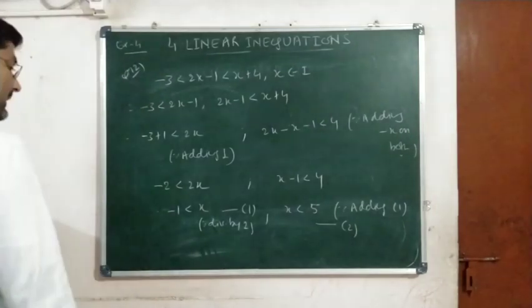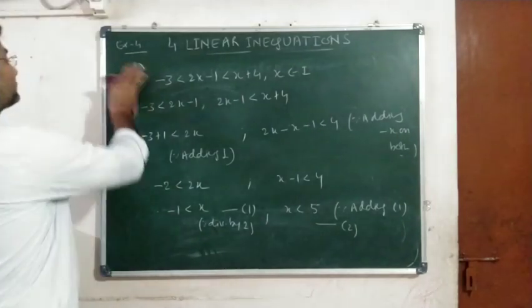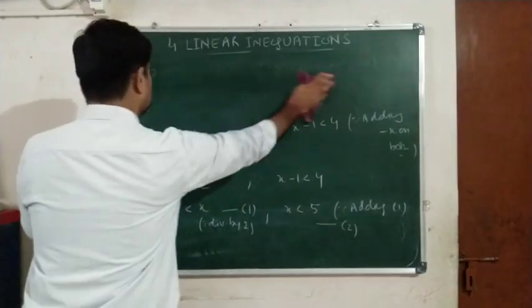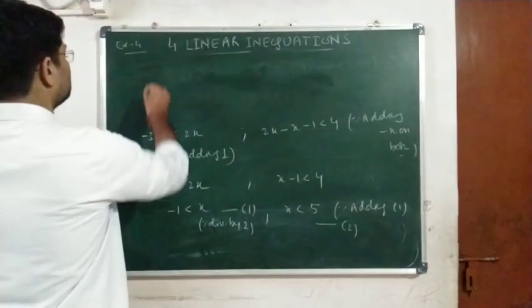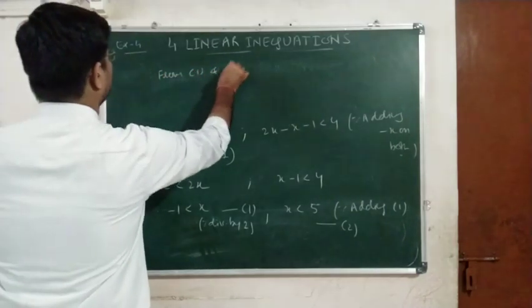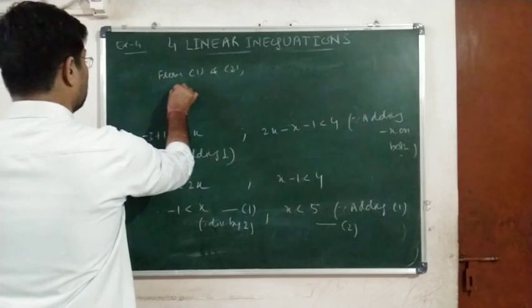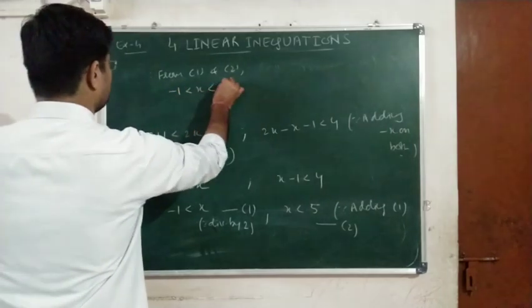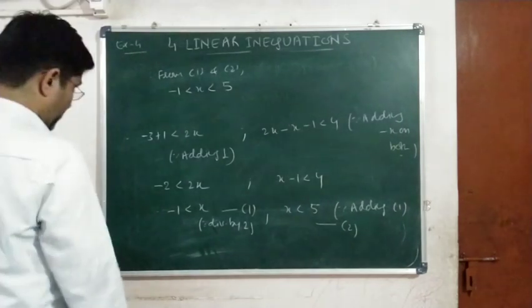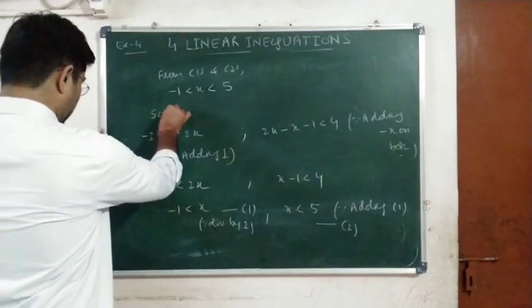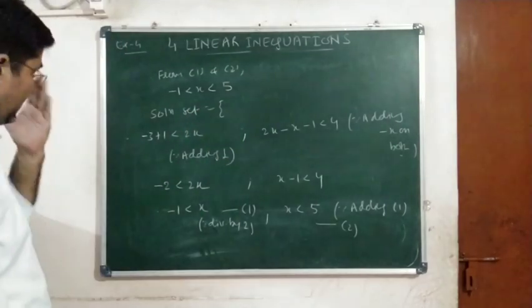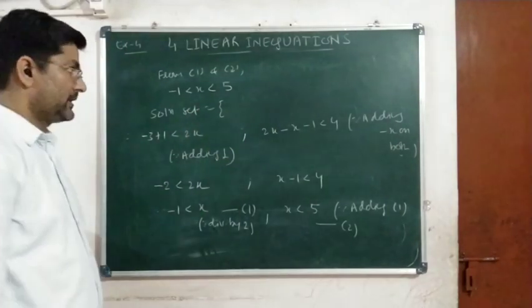So finally, from 1 and 2 we can write that minus 1 is less than x and x is less than 5. Now since the replacement set is a set of integers, we can write the values. x is an integer between minus 1 and 5.